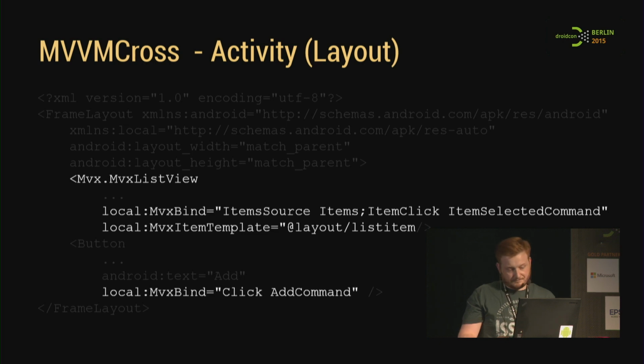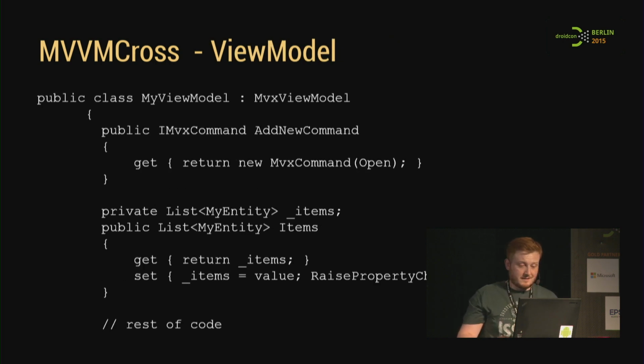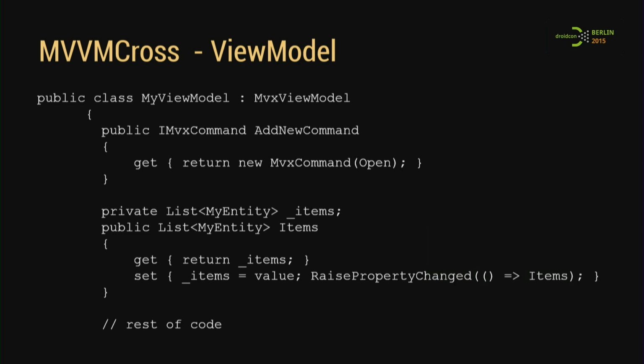And as you can see, it's not hard, and maybe we'll go to our view model. We are extending MVVMViewModel, which is again a class from MVVMCross, and we are simply defining some properties which will return data to the model.